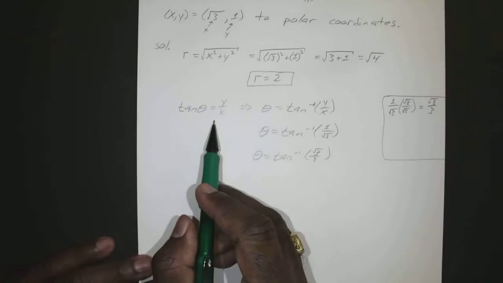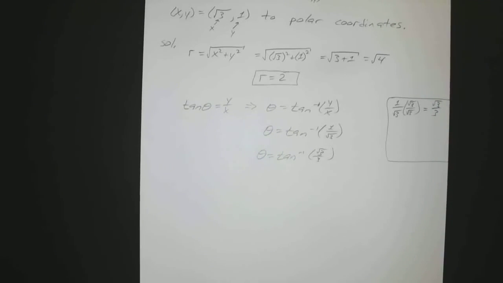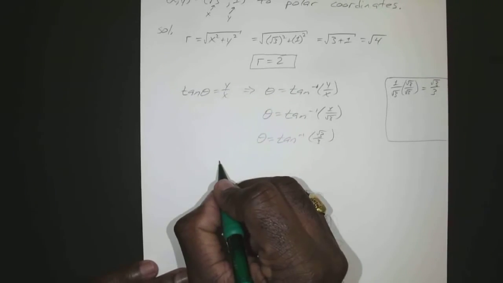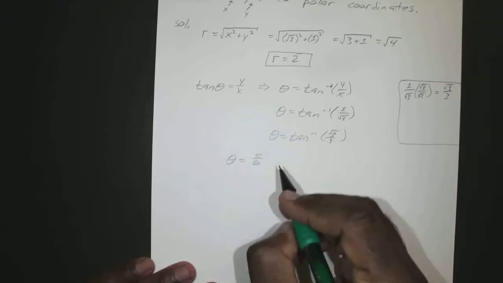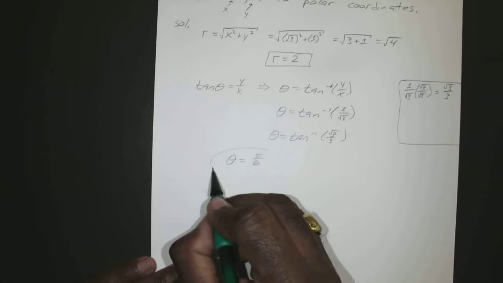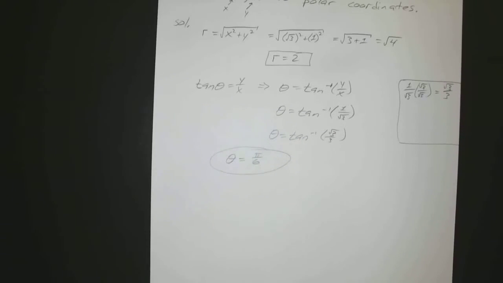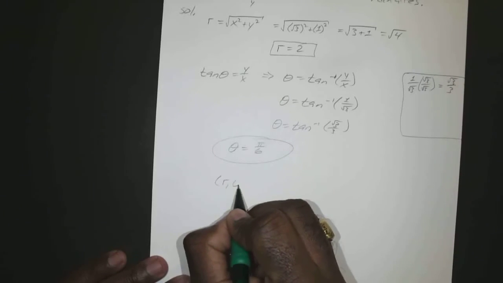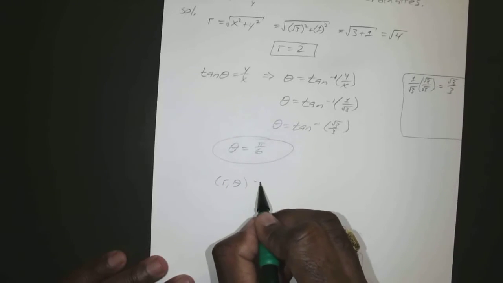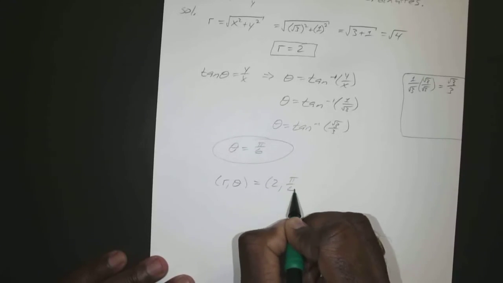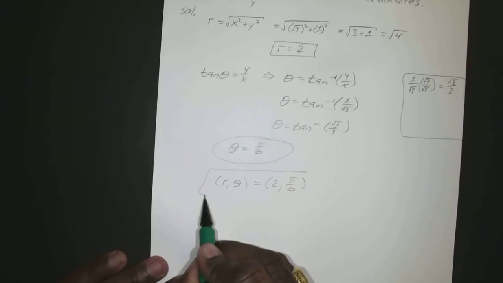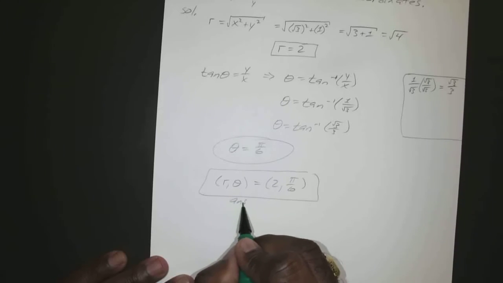Okay. So this is true when theta is equal to pi over 6. Okay. So that means our theta is equal to pi over 6 as your answer.